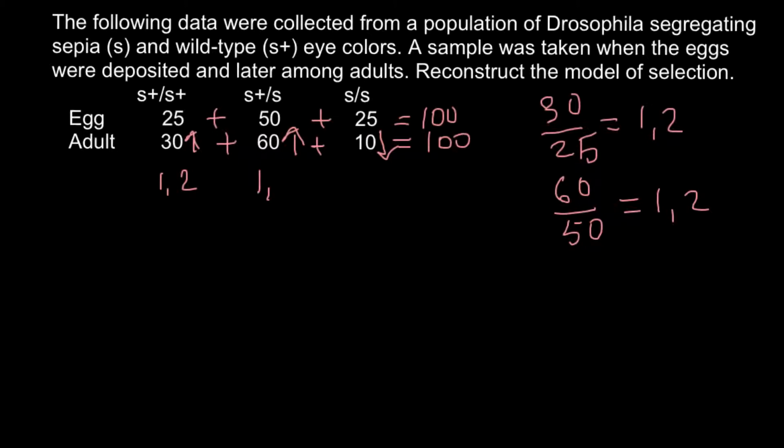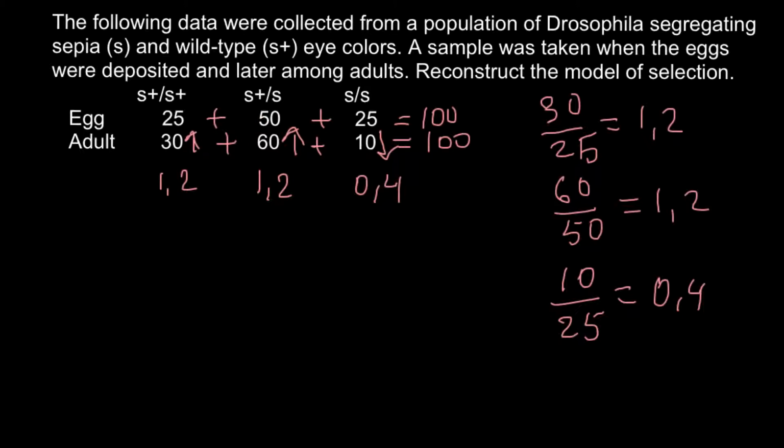So the fitness of these two genotypes, which show one phenotype, would be the same. Now we can calculate the fitness for the last genotype: we divide 10 by 25, and as you see the fitness here would be 0.4. So the fitness of this genotype would be much less than these two genotypes.